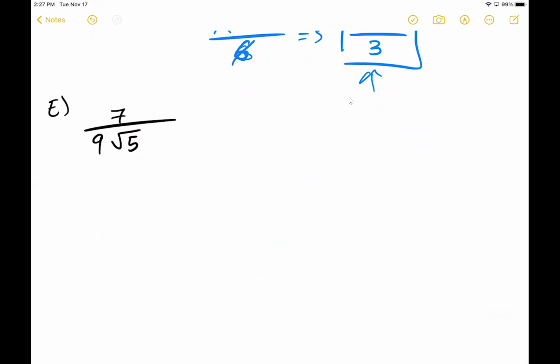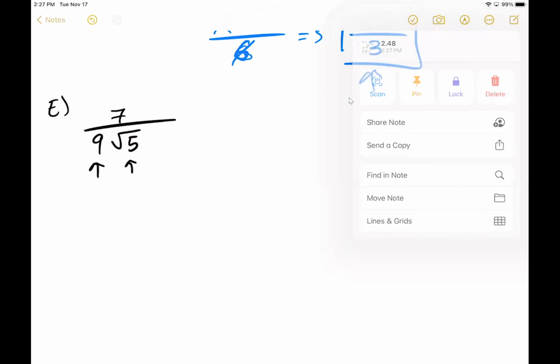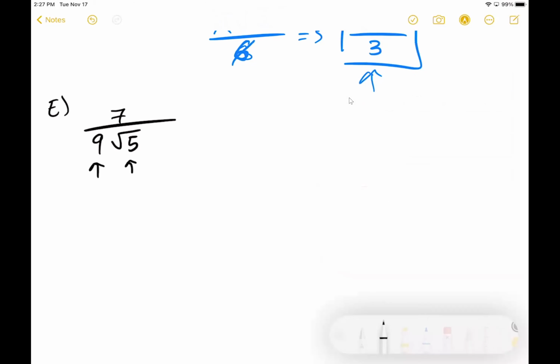The reason why I mentioned this problem is, ladies and gentlemen, ask yourself, which one has a radical? I don't need to multiply the whole thing. I don't need to multiply 9 square root of 5. You can, but you don't need to.